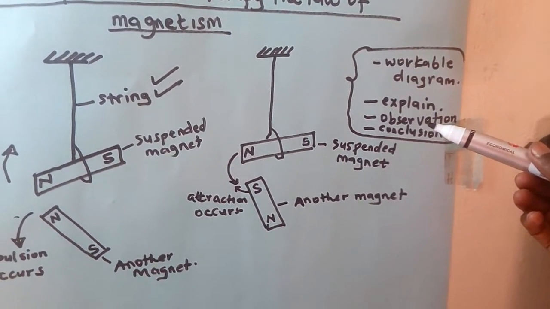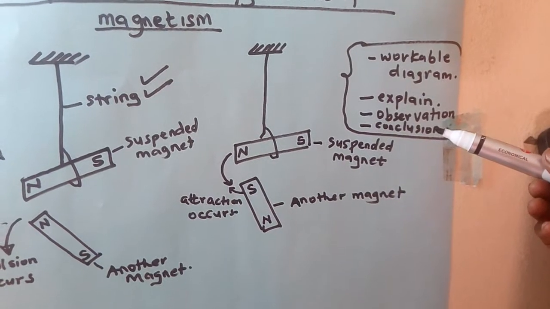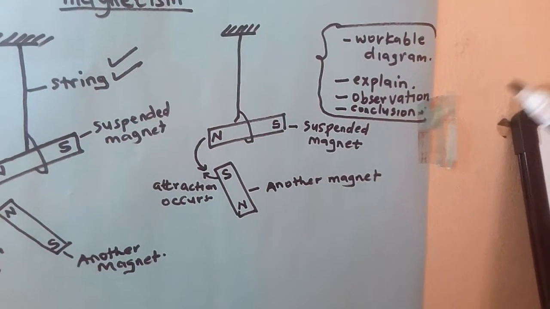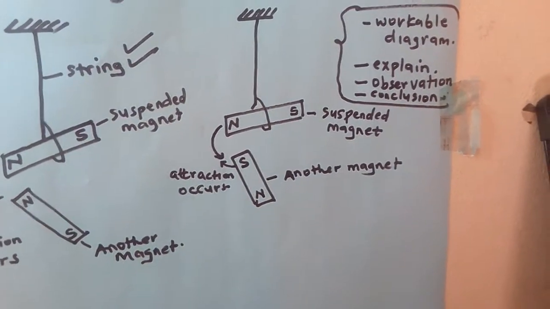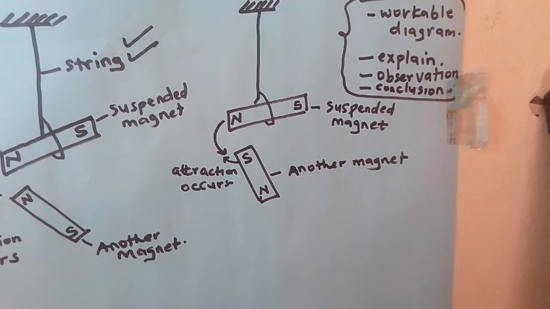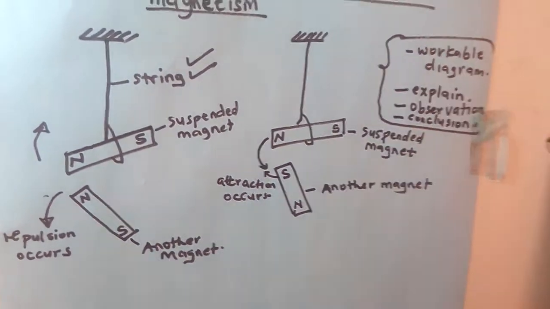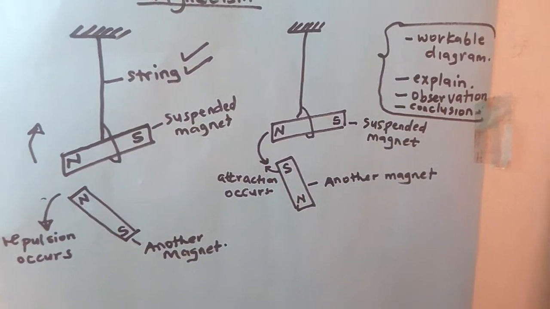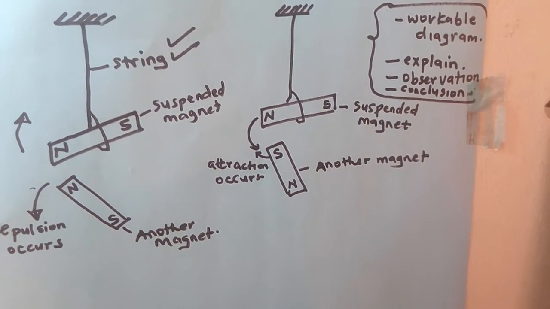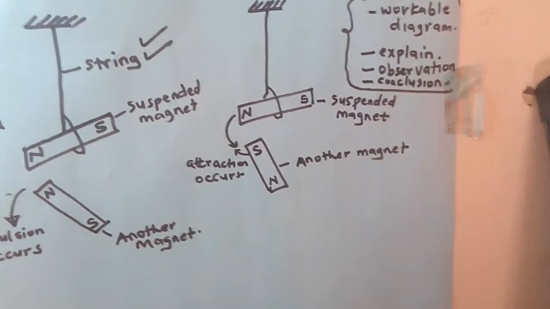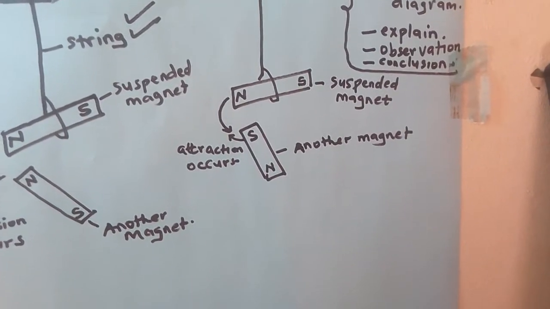You have given us observations and conclusion. And that marks the end of that question. And I'm sure if you answer it like this, you will have gathered all your marks.